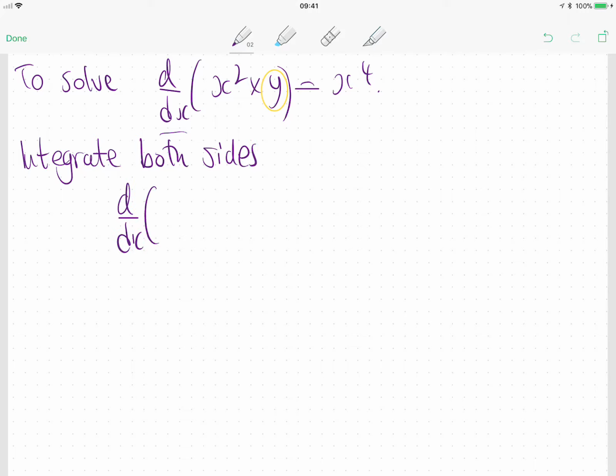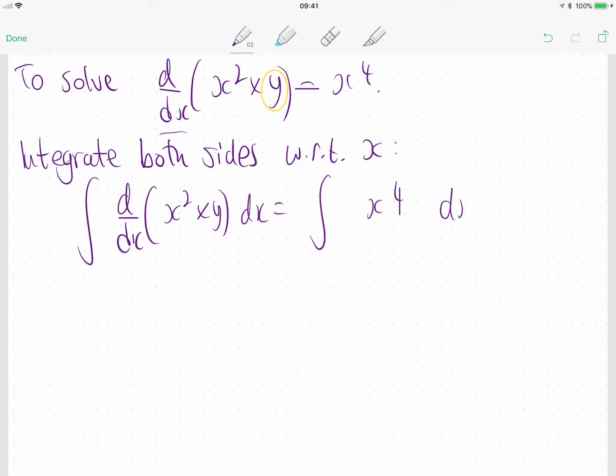If I write the equation that I have, and then I integrate both sides, I'm going to do that with respect to x. I know that the operations of integration and differentiation are opposite.